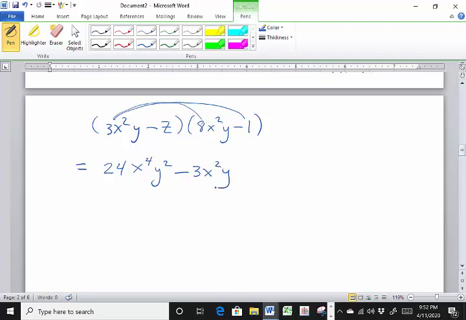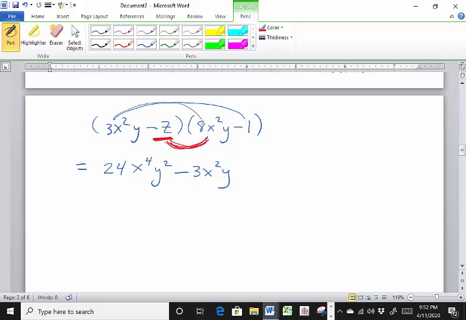All right? So notice now we took the first term of the binomial and multiplied it by both terms of this second binomial there, right? So now I move on. I take the second term of my first binomial. Okay? So we did the F and the O, and then we're going to go inside, so it's the negative z times this first term here.